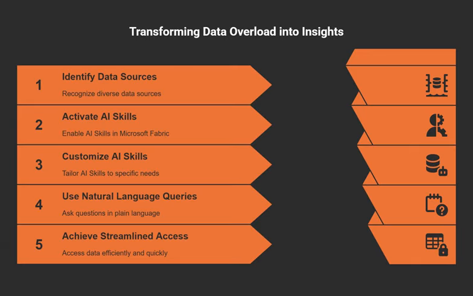The functions connect seamlessly to Microsoft's built-in large language model endpoints, giving you access to the same powerful AI that powers tools like Copilot, but specifically optimized for data analysis tasks. These AI functions aren't limited to just sentiment analysis either.